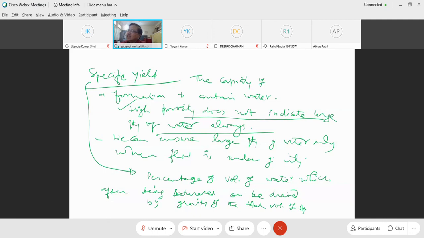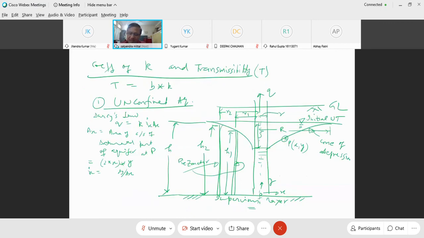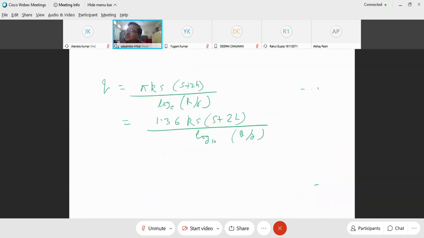But I wrote that due to many other factors, sometimes despite high porosity, the yield may not come as expected. Generally, in 90% of cases, if the soil is sufficiently porous, then we can expect good yield. That's why I said that this is based on certain assumptions.